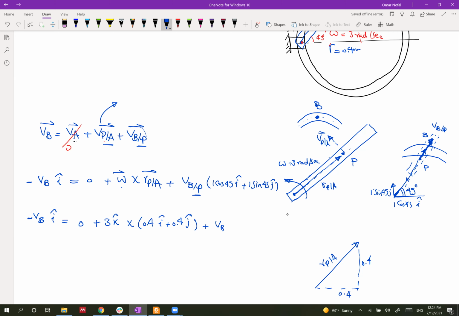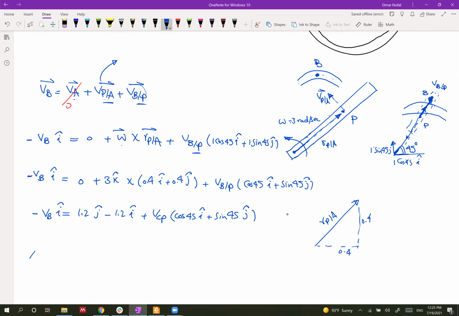And VB with respect to B, cosine 45 in the I hat plus sine 45 in the J hat. And here in this problem, we will have negative VB, and you multiply K by I, it should give you 1.2 in the J hat, and K by J should give you negative 1.2 in the I hat, and plus VCB cosine 45 in the I hat plus sine 45 in the J hat.